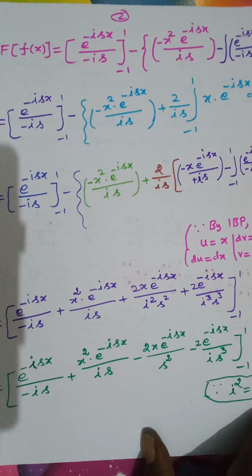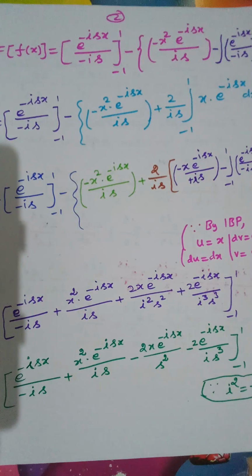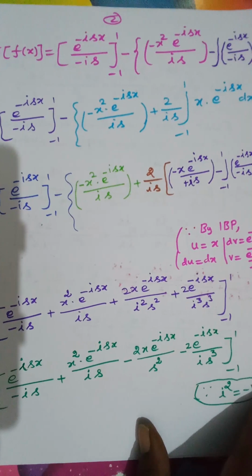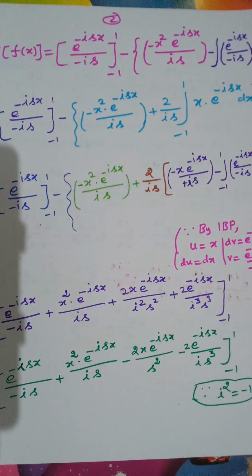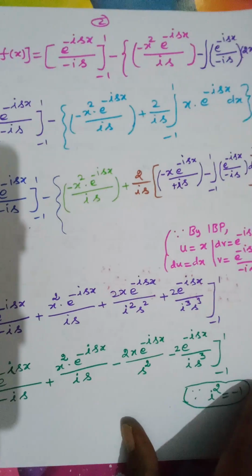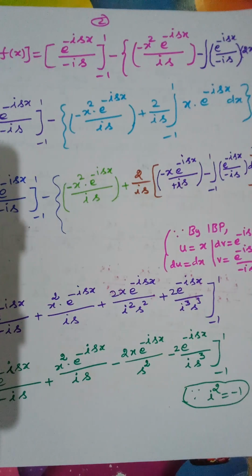The second part: minus of uv, since the formula says uv, so minus x squared e power minus isx by is, minus the integral of e power minus isx by is into 2x into dx. So this is the second part fully finished.